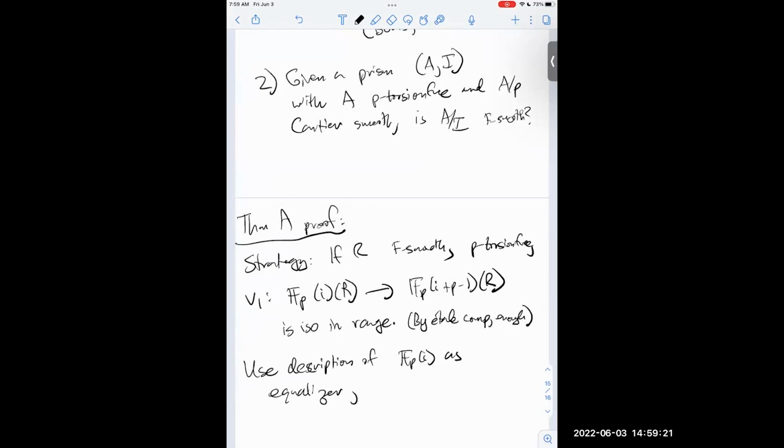And then you use this fact that I mentioned at the end of yesterday, that v1, the periodicity, is somehow detected by theta in the Nygaard filtration of the prismatic complex of Z_p, and the fact that theta is a periodicity operator. So it's essentially some sort of linear algebra argument.